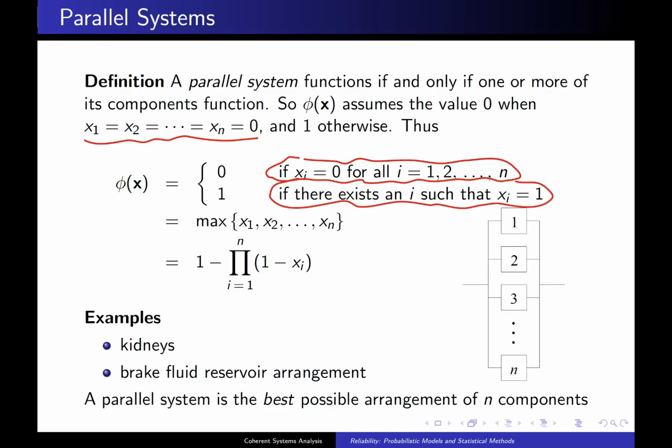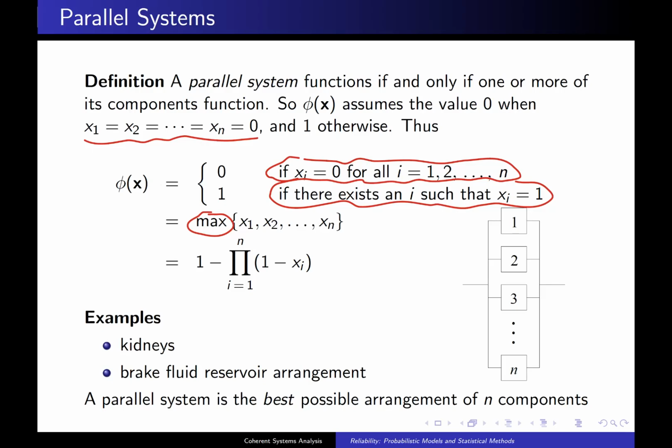Here is a reliability block diagram off to the right of an n-component parallel system. You have components 1 through n labeled, so each one of these squares represents a component. Another way of writing the structure function is to write it as a maximum. The maximum of x1, x2 through xn will also work.